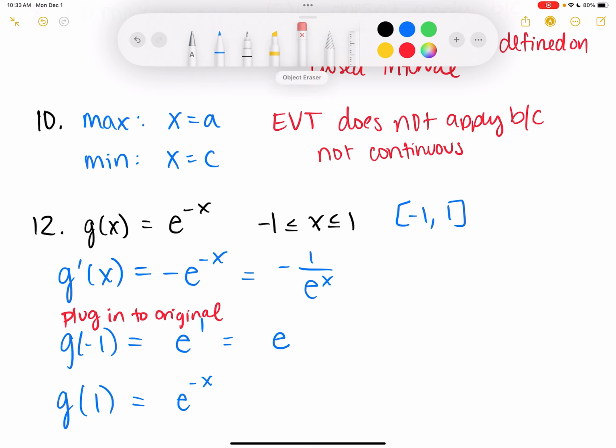Then down here, e to the negative 1 would be obviously just 1 over e. What is happening here? Hold on.